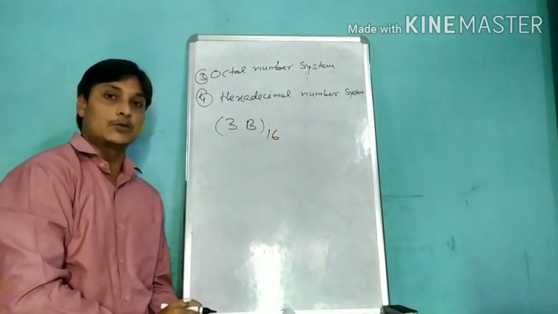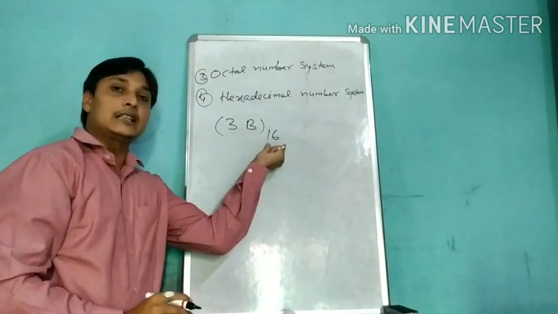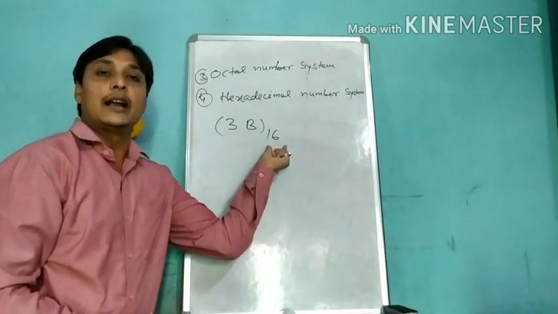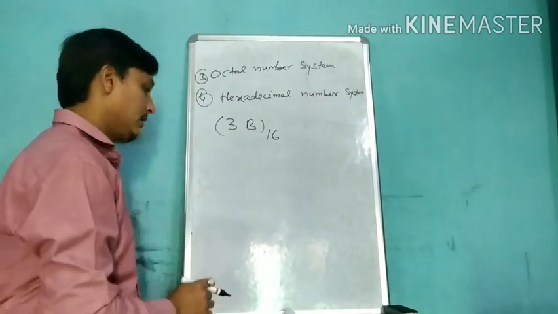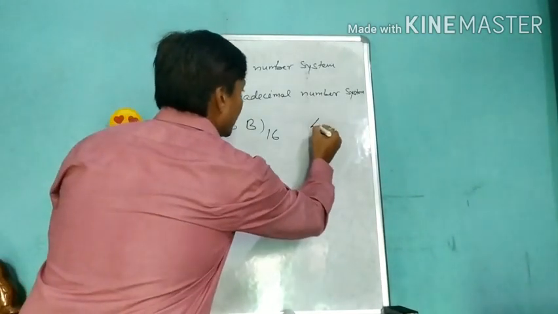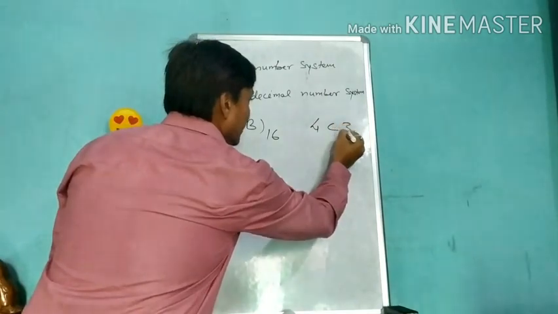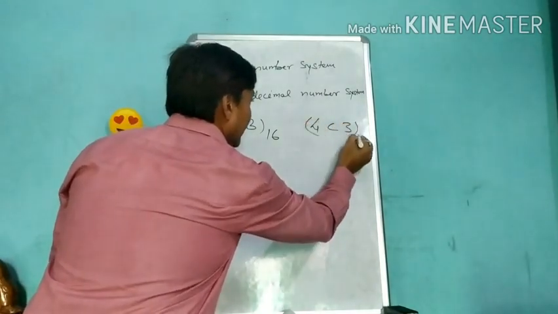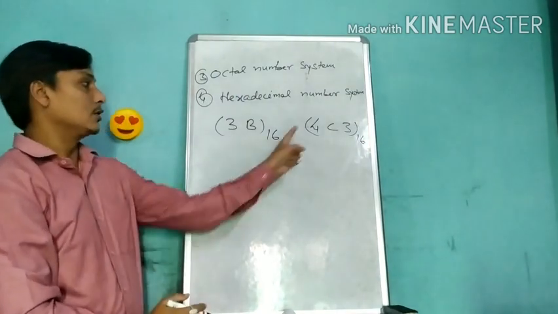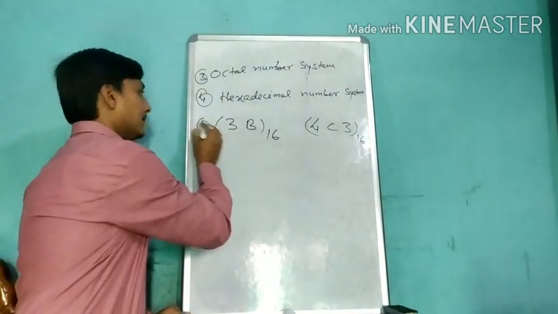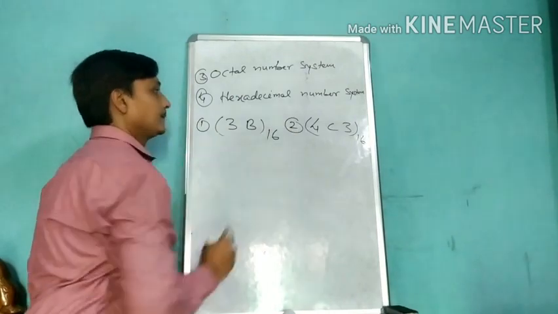So first thing, student, if the base is given 16, it's your hexadecimal number system. Any problem anywhere? You can give any other value. Suppose I am going to take 4C3. This is your another number, first and second.